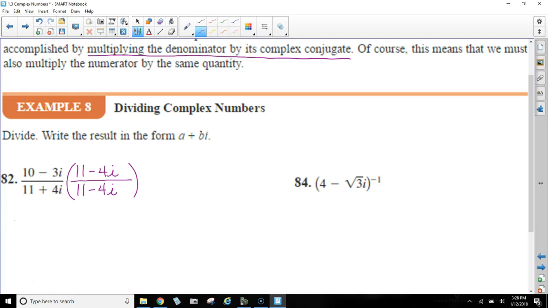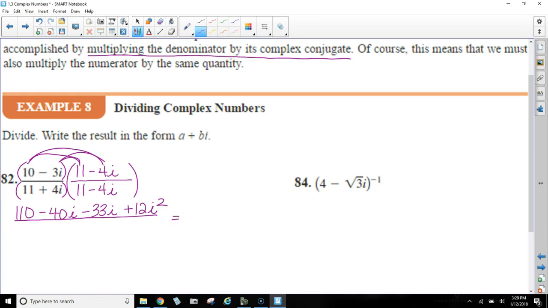So now when we go to do that, we've got a lot of multiplying we need to do. We need to FOIL out the numerator as well as FOIL out the denominator. So when we FOIL out the numerator, first times first is 110. Outer times outer is negative 40i. Inner times inner is negative 33i. And last times last is plus the positive 12i squared.